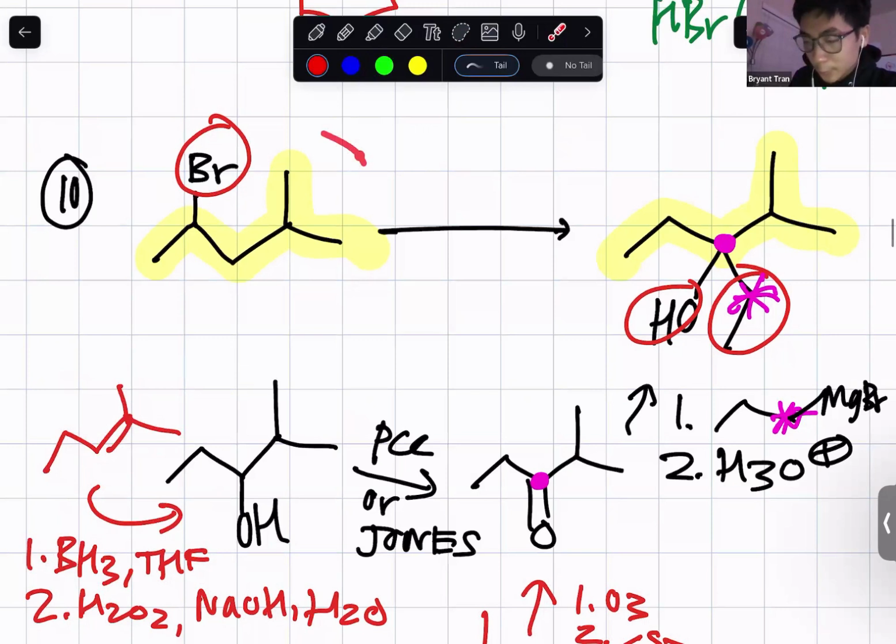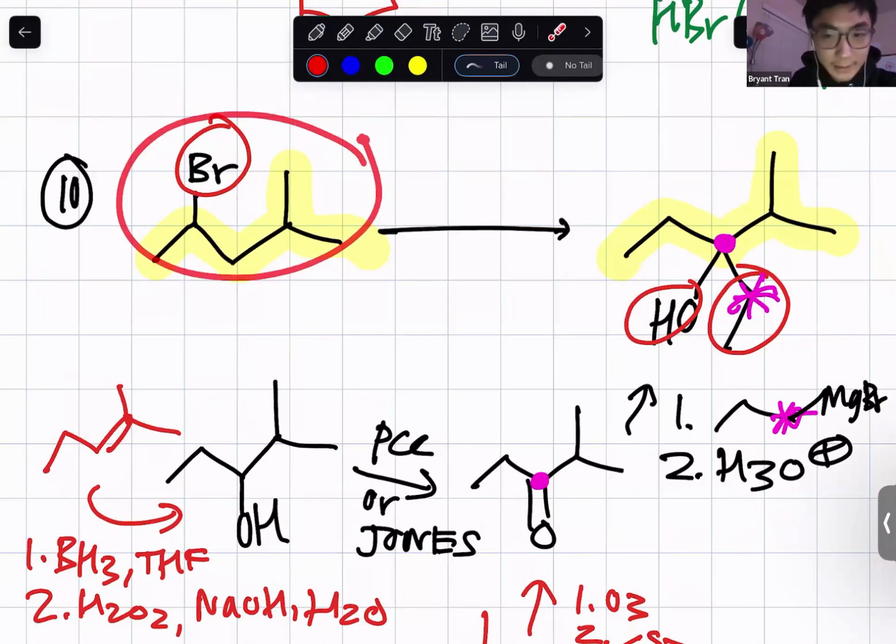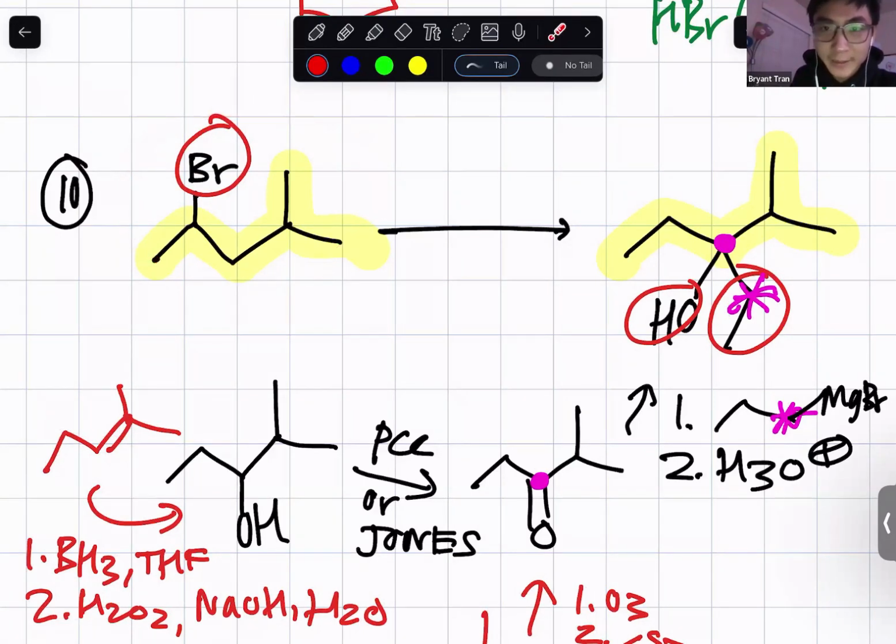Now, how can we make an alkene from this haloalkane right here? If we have a haloalkane, what reagent do we have to use to make an alkene there? Right. ROOR would add bromine or a group to the less substituted side of an alkene.